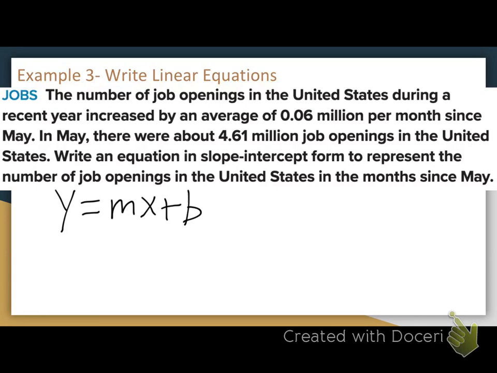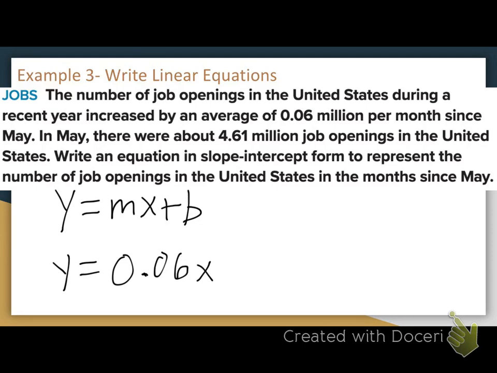M represents our slope. X. X is going to represent our months since May. So in my equation, I'm going to have y equals 0.06x, because it's increasing by an average of 0.06 million per month. We okay with that? Questions how we got that?